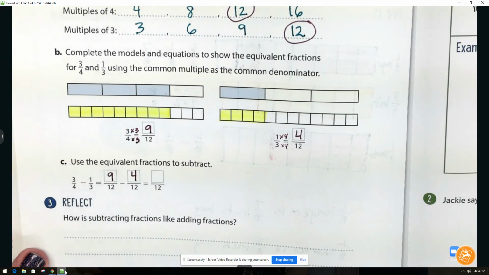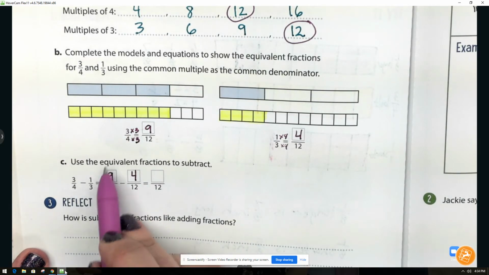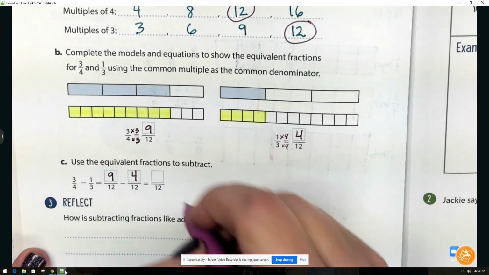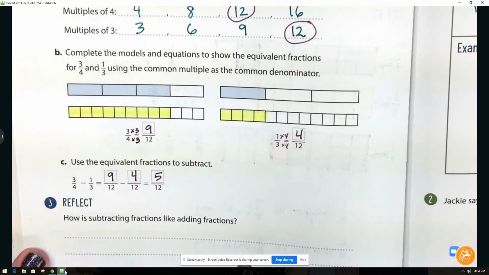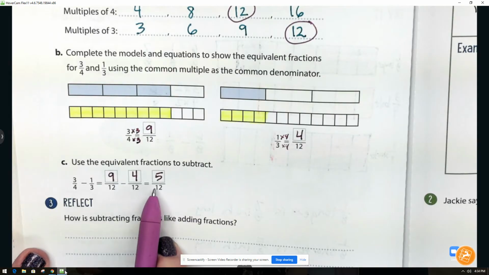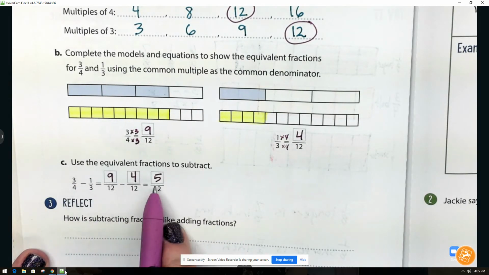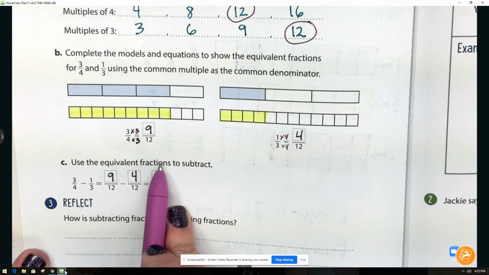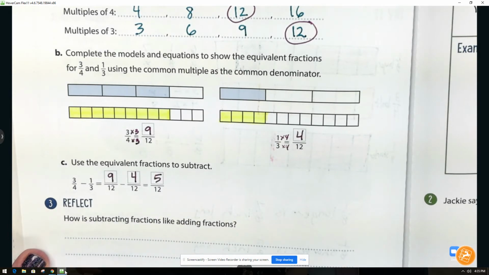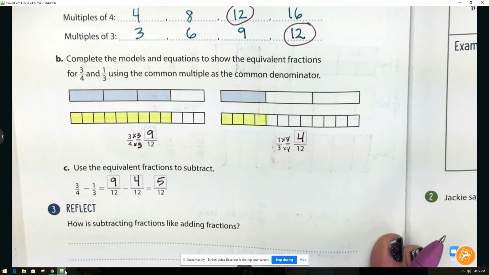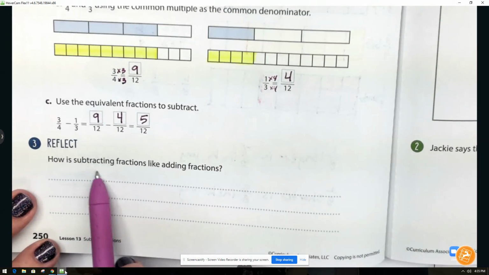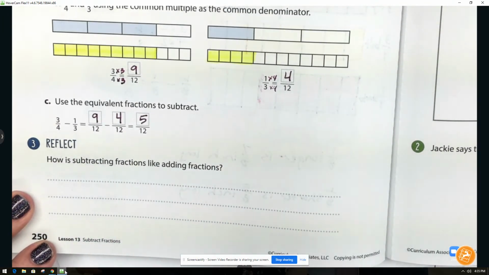We do not subtract the denominator. So now 9 minus 4 equals 5. So then the answer of what is 3/4 minus 1/3, our difference is 5/12. Now I want you to tell me, how is subtracting fractions like adding fractions?